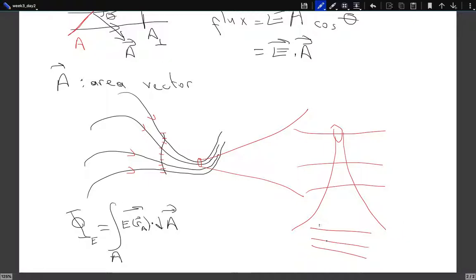If you like, you can say d phi is the contribution to the flux from that very small area, E dot dA. And this flux is essentially proportional to, let's say, the number of field lines passing through your area.